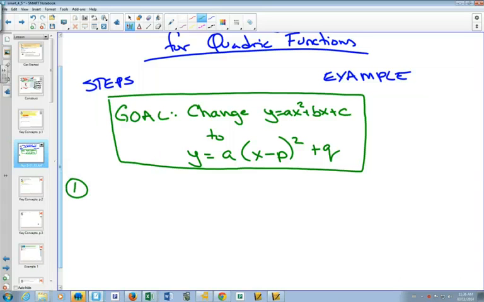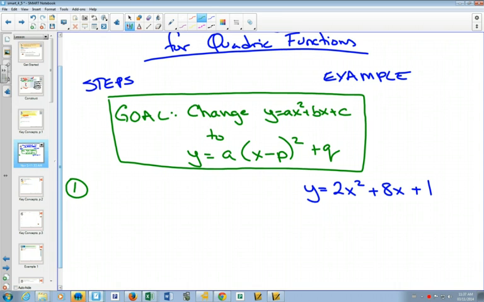Step number 1, and the example that we're going to do alongside of it is y equals 2x squared plus 8x plus 1. That's the example we're going to do. I'll put the steps over here.